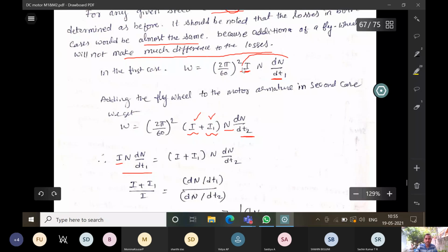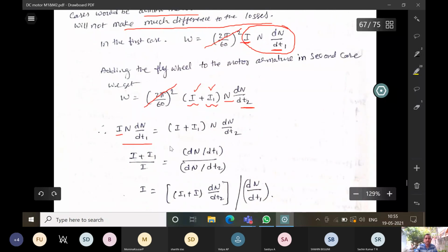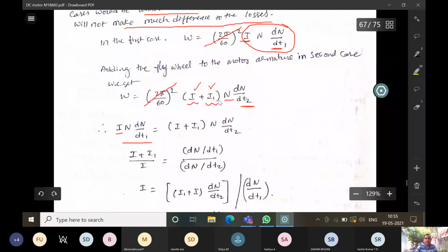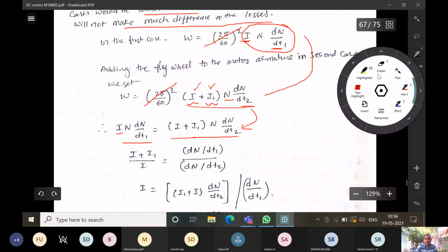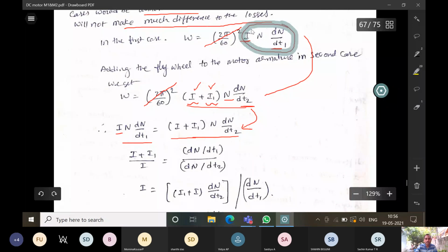Compare these two expressions: (2 pi by 60) square cancels on both sides, and the remaining term is I plus I1 into n into dn by dt2. Write this expression as it is here. So I into n into dn by dt1 is equal to I plus I1 into n into dn by dt2. We are comparing these two equations, right?